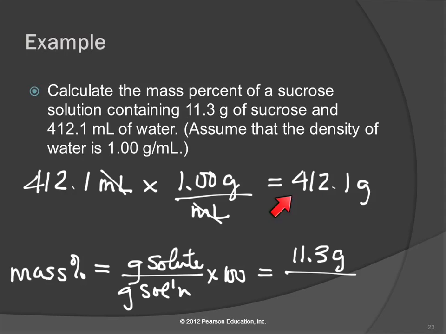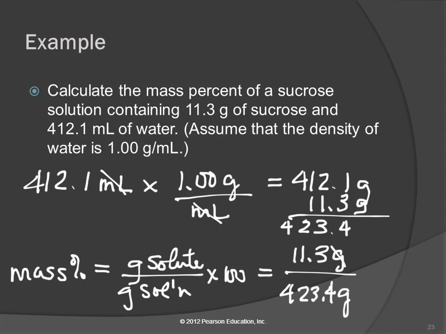Well, 412 is the mass of the solvent. We need to add these two together, right? Because in that solution we have the water and the sugar. So we add them together. That's the mass of the whole solution.